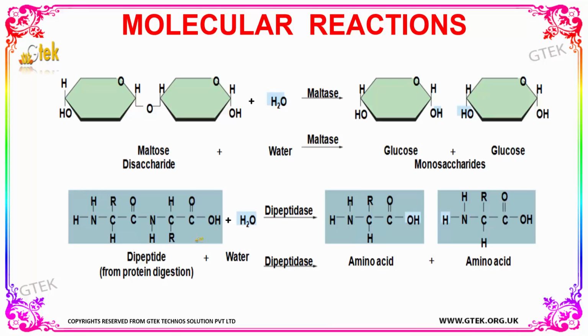Your dipeptide in the presence of water will produce amino acids, that is, breaking down of your protein complex into simple amino acids which can be easily digested and absorbed by a human body. So we are breaking down the protein structure, dipeptide, into amino acid by replacing the bonds over here with OH and H.